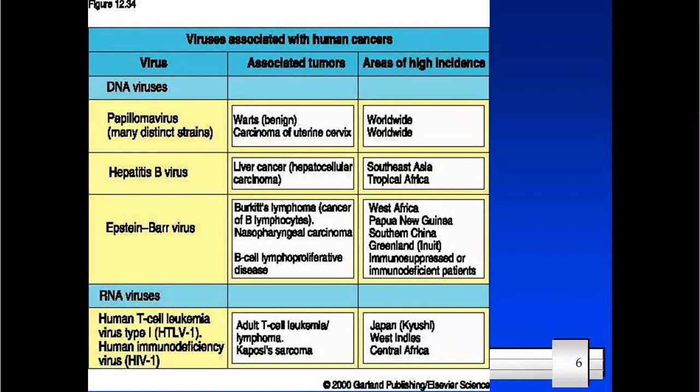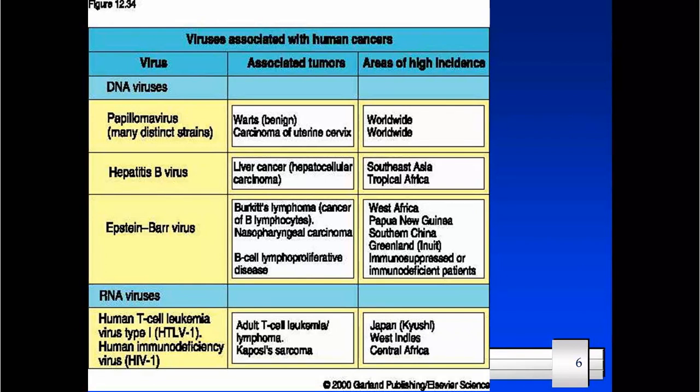We have the hepatitis B virus, which might cause liver cancer, hepatocellular carcinoma. Epstein-Barr virus could lead to Burkitt's lymphoma or nasopharyngeal carcinoma, less commonly, or B-cell lymphoproliferative disease. It usually leads to Burkitt lymphoma.